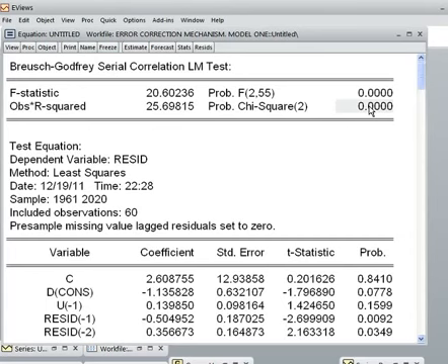The alternative hypothesis is that the model is serially correlated, or the residual of the error correction model is serially correlated. So meaning that our error correction model has a problem. What is the problem? The model is suffering from serial correlation, which is not desirable.